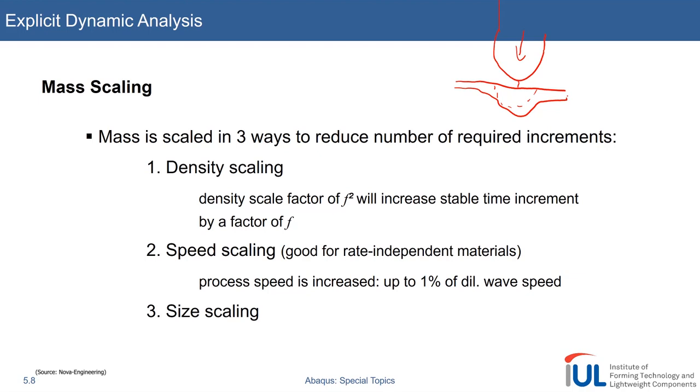So if you don't have a rate-dependent material model, and if your speed of the punch is still sufficiently small, maybe up to 1% of the dilatational wave speed, then the response of your sheet metal should be independent of the speed that you assign to the punch. This feels unnatural because it's quite interesting to see.